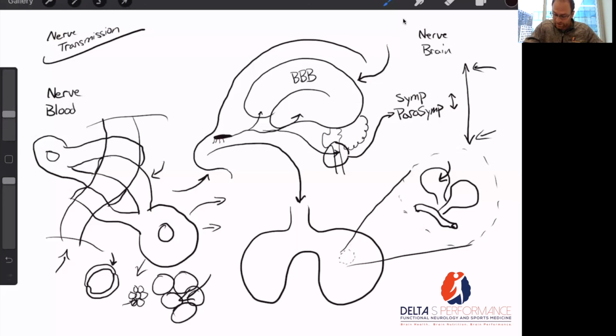That's why reducing inflammation is a really big part of recovering from these chronic low-level neuroinflammatory virus-related infections. This also is the same exact thing that happens in concussions.